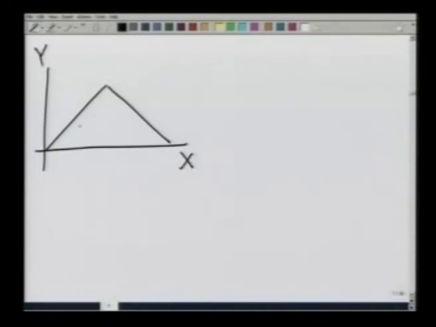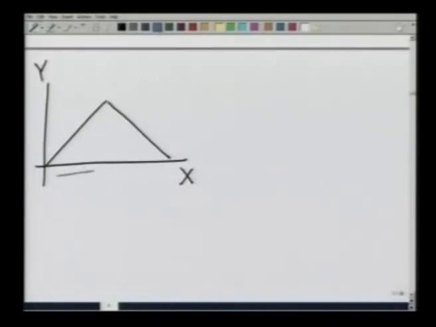That is the x coordinate of the centroid of the triangle. Let us now calculate the y coordinate. Again, I make this triangle, x y, b, a, h, and to calculate the y coordinate, I take the elemental area dA like this.